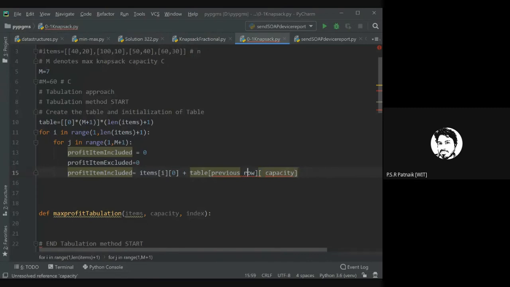So if I include this item, what will happen to capacity? Capacity is reduced by the weight of this. Okay. So if capacity is reduced by the weight of this, what will I have? If I indicates the current row, then the previous row would be I minus 1. What will be the capacity now?